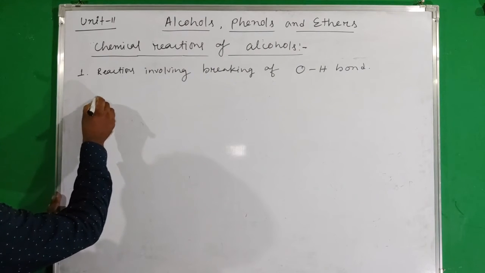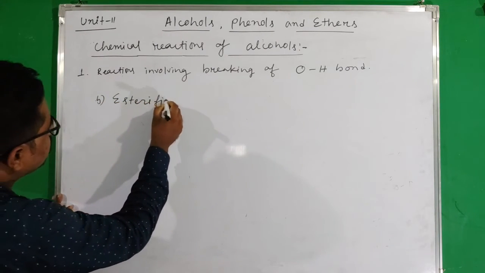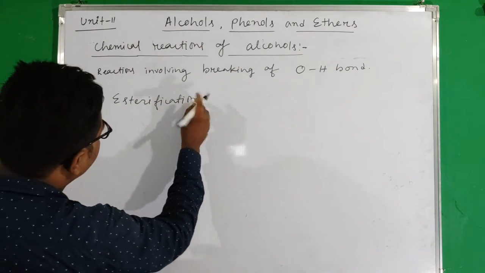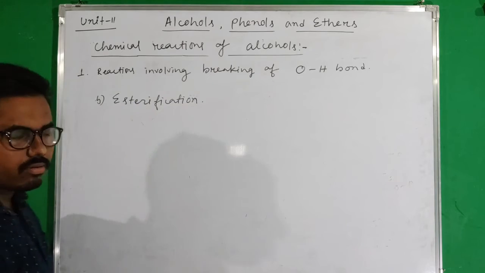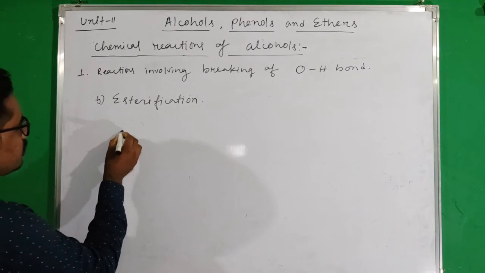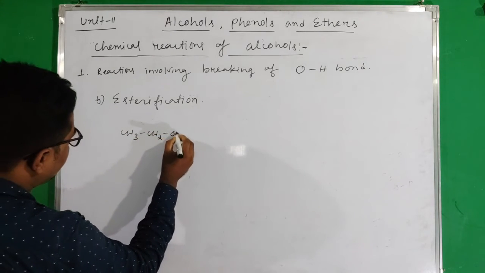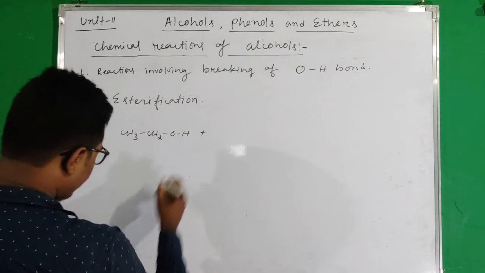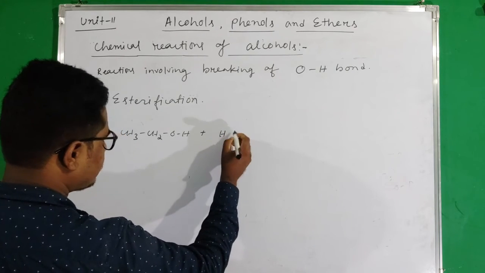So number B, esterification. So you already know from class 10 that when alcohols react with, suppose we are considering this alcohol, react with carboxylic acid, this one is carboxylic acid.